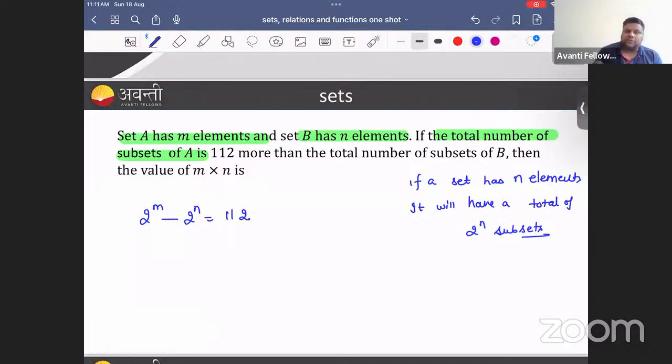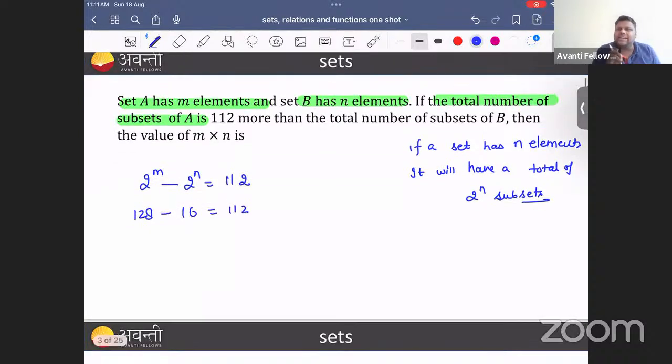Now they are asking, first of all, for the values of m and n. Now see, from one equation, if they are asking you to find two variables, either there is some role of maxima minima or there is a catch behind the values, like we say hit and trial values. Now see, if I take 128 minus 16, we are going to get 112. This is very easy to judge.